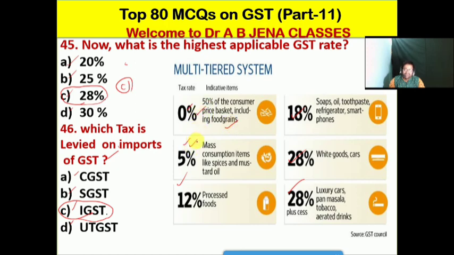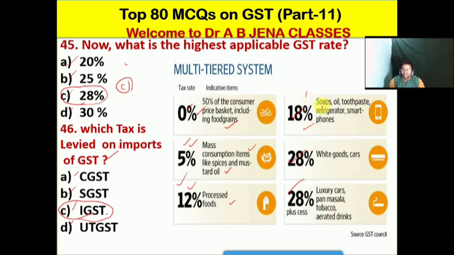GST will be 5% in the case of mass consumption items like spices and mustard oil. There will be 12% GST on processed foods, and 18% GST on soap, oil, toothpaste, refrigerators, and smartphones.